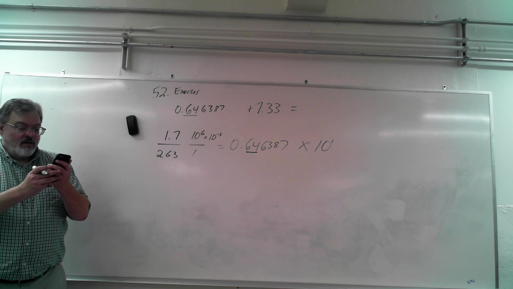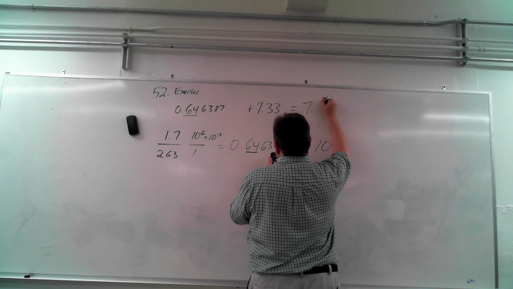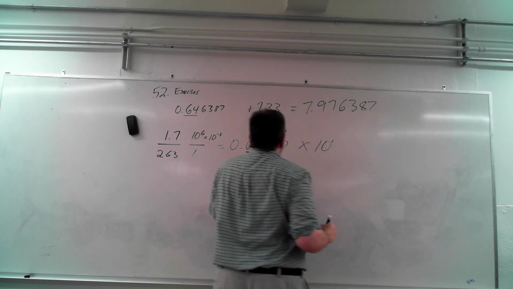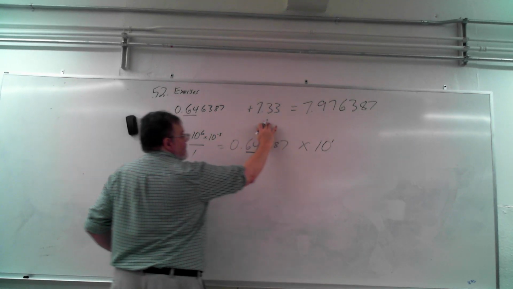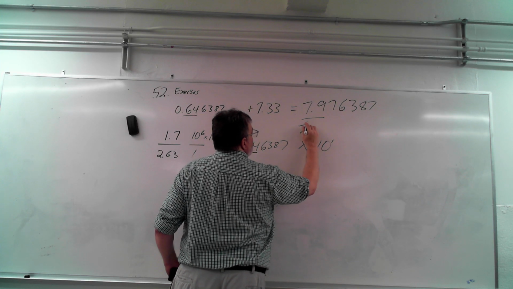0.646387 plus 7.33. Calculator says... but I'm only keeping 2 significant figures. There's 2 and there's 3. So it's that, and I guess we're at 7. Well, it's 8.0.